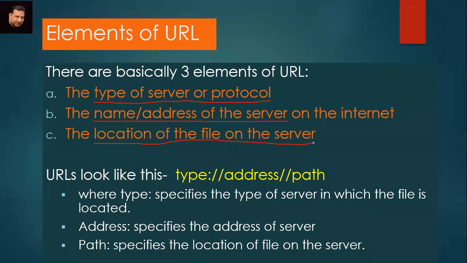The same ones we just saw. So URL looks something like this: type:/address/path, where type specifies the type of server in which the file is located, address specifies the address of server, path specifies the location of file on the server.